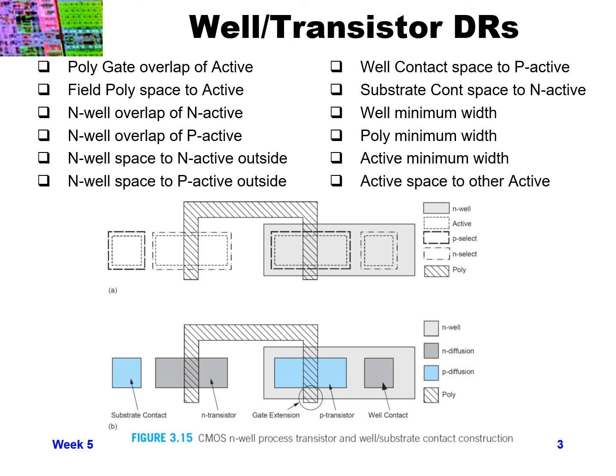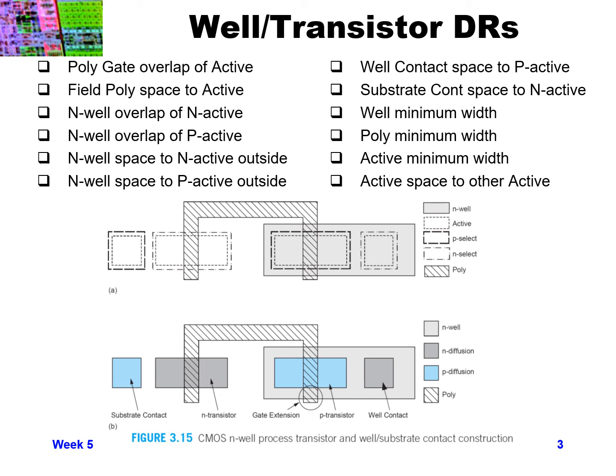Any N active that's outside of the N well, you don't want those to short together, so you have to have your N well spaced apart from N active that's outside by a certain distance. Similar thing, P active outside of N well has to have a certain space. The distance between P active and N well might be different than N active and N well. They could be the same value, they could be two separate values.